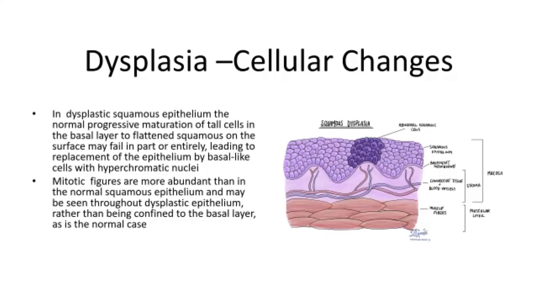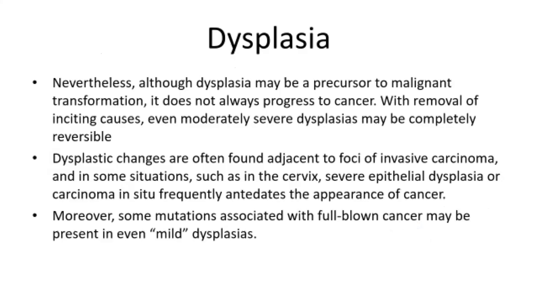So dysplasia is disorderly growth, metaplasia is different growth. These are brief definitions of dysplasia and metaplasia. Dysplasia is a precursor of malignant transformation. With removal of the inciting causes, moderately severe dysplasia may sometimes be reversible. This is very different from usual cancers.